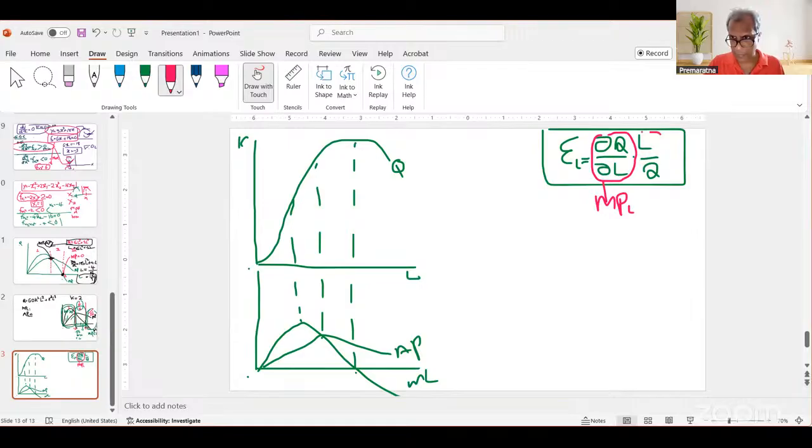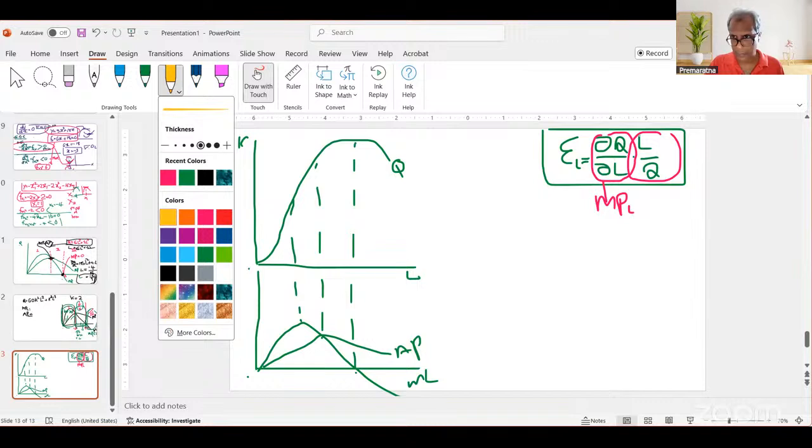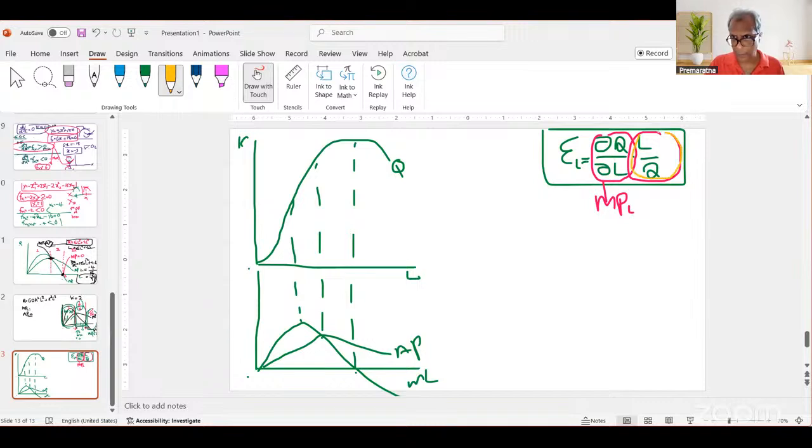The second part is not as familiar, but you might remember Q divided by L, that is the average product. So the second part becomes 1 divided by the average product of labor. So simply, the labor output elasticity is the marginal product divided by the average product.